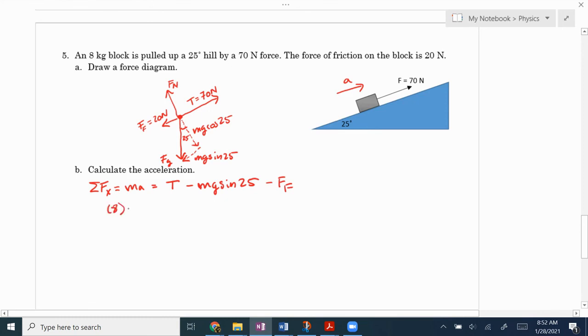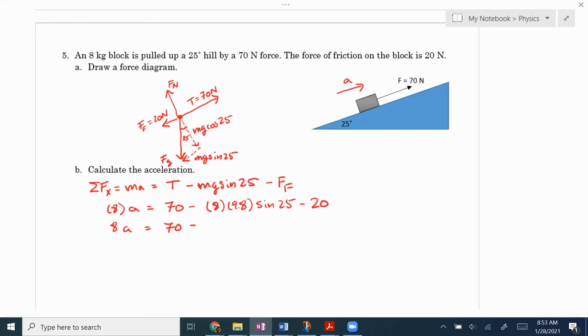So we got 8 kilograms for the mass. We got our acceleration. T is 70. We got 8 kilograms for m, 9.8 for g, sine 25, minus, we know that the force of friction is 20 newtons. So 8a is equal to 70 minus 8 times 9.8 times sine 25.